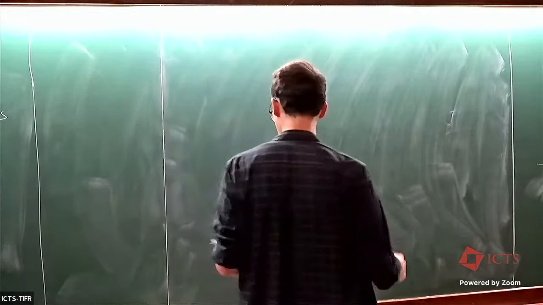But I'm going to give you a flavor of where this Green's function might come from without actually deriving it explicitly. And I'm going to assume that you have heard of the Sturm-Liouville problem.